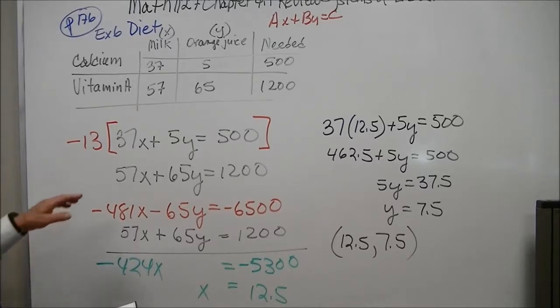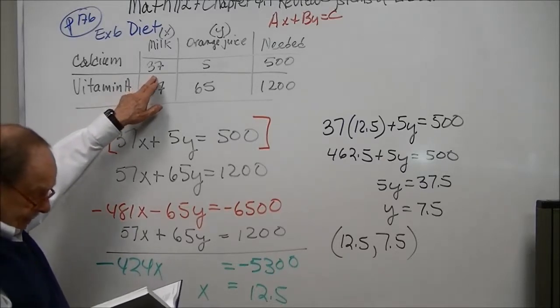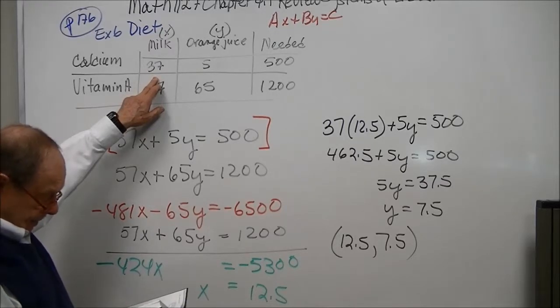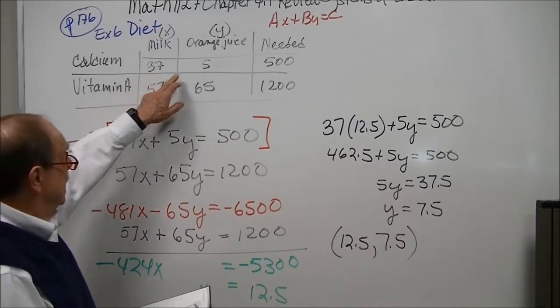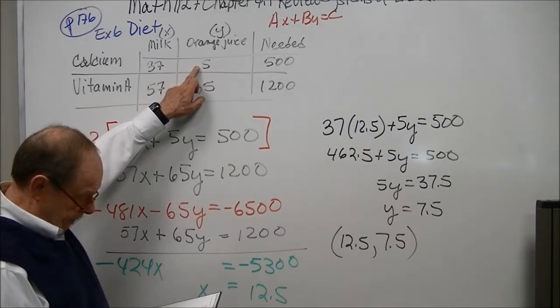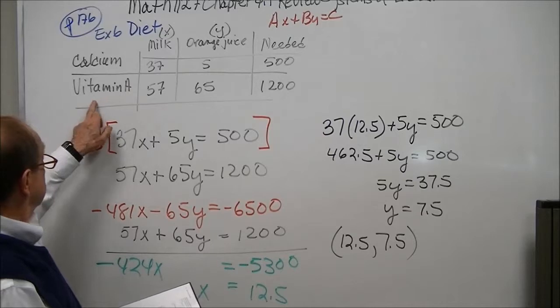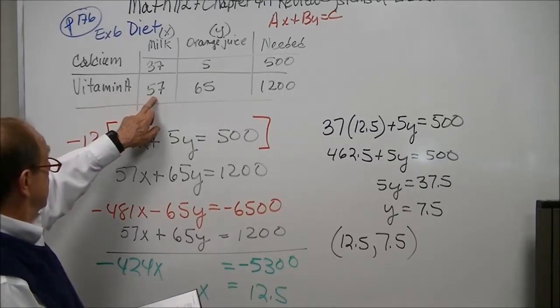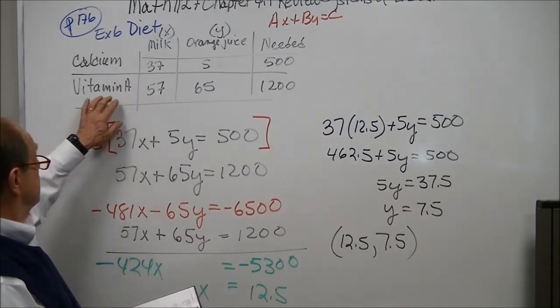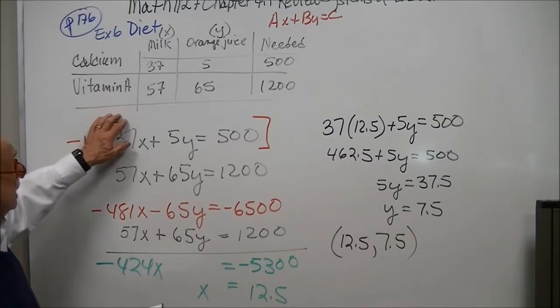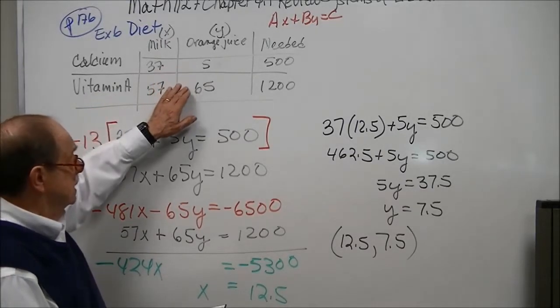It says an ounce of milk contains 37 milligrams of calcium and 57 micrograms of vitamin A. And orange juice is this and this.